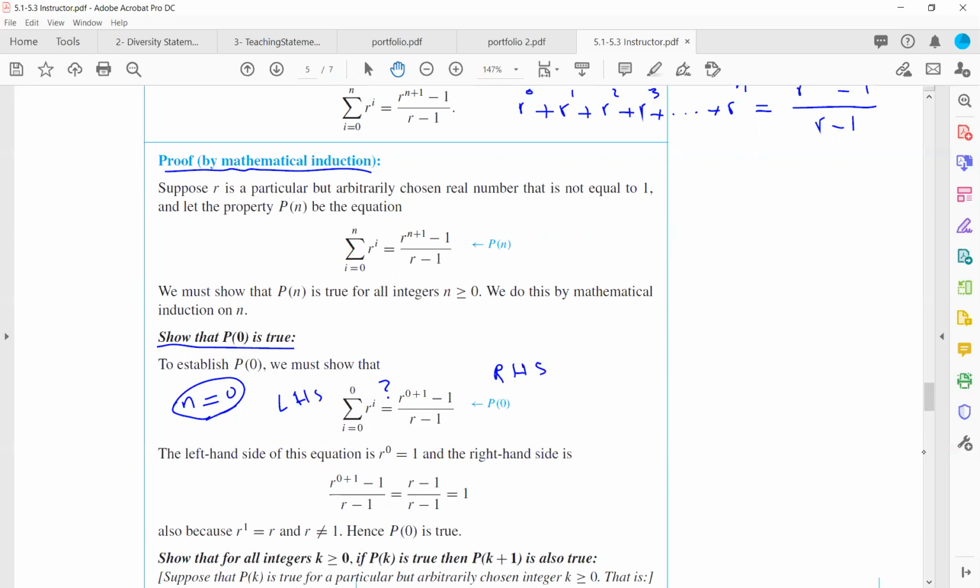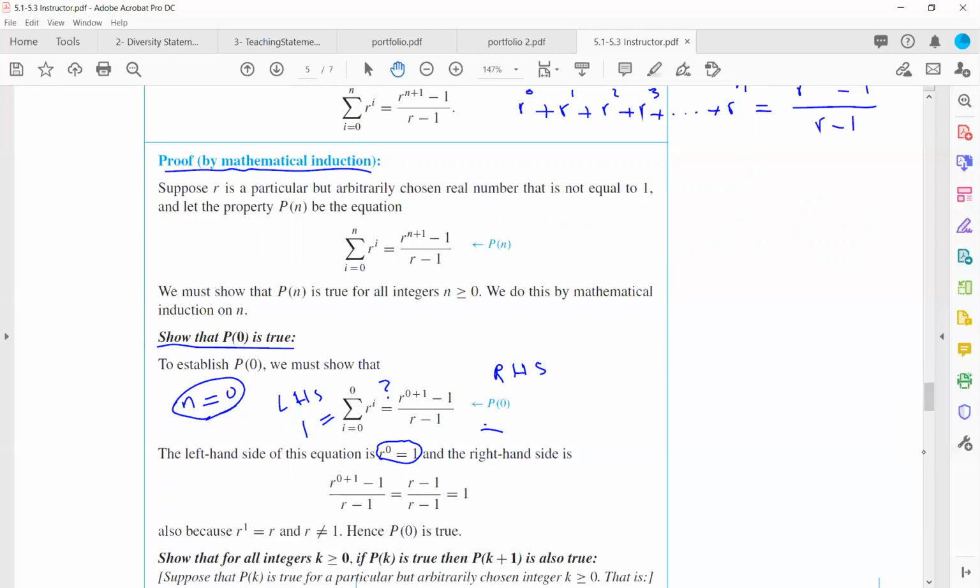On the left-hand side, the term starts and stops at 0. If I plug in 0 for i, any non-zero number raised to 0 is 1. On the left-hand side, you have 1. What about the right-hand side?